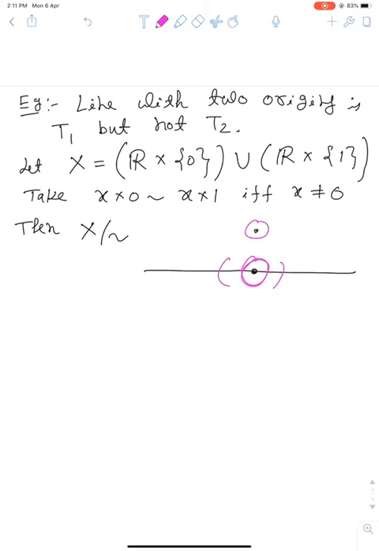Again, if we choose this point, its neighborhood will again be this open neighborhood, that is U minus, suppose this is my x, this is my y, minus x union y, right? That means these points x and y are not separated by open neighborhoods. That means this is not a Hausdorff topological space.